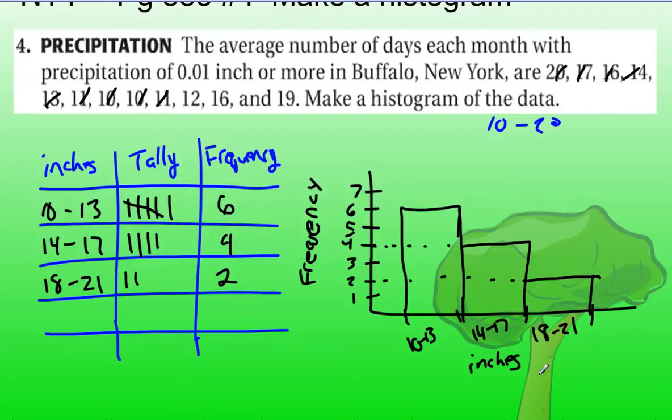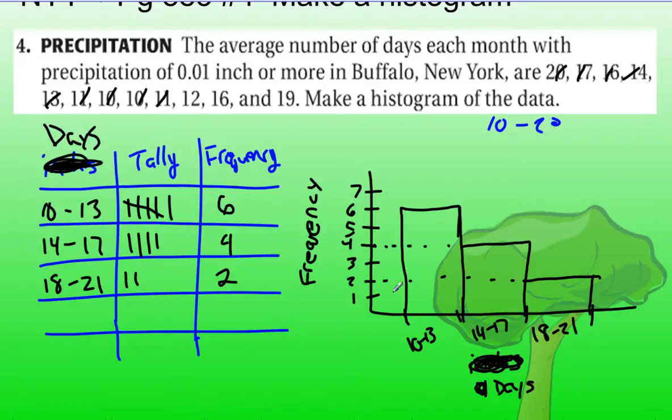So you can see out of this year, the average number of days each month with more than 0.01 inches of rain, it happened more with the, actually, it's not inches, this is days. What am I doing? That's how many days each month had that much rain.